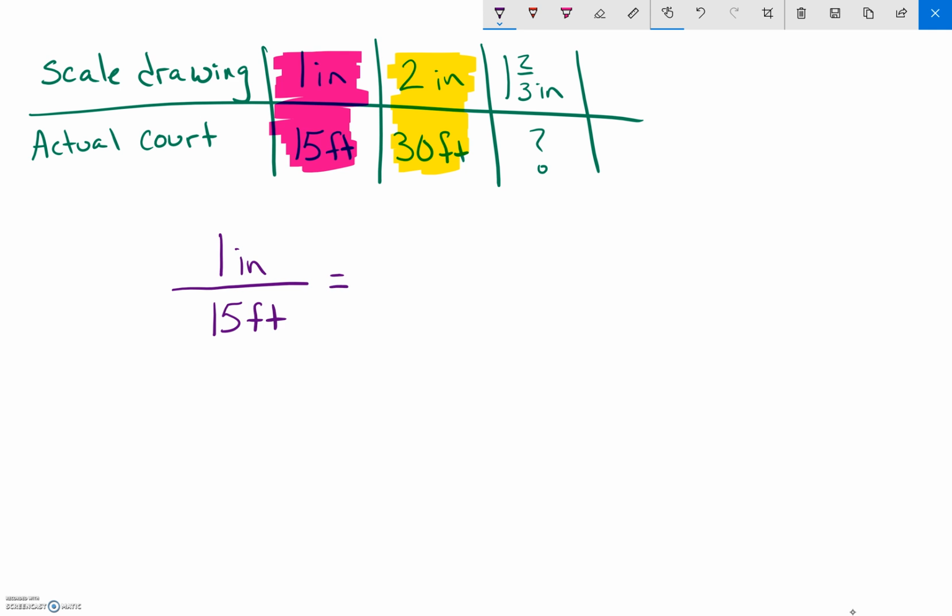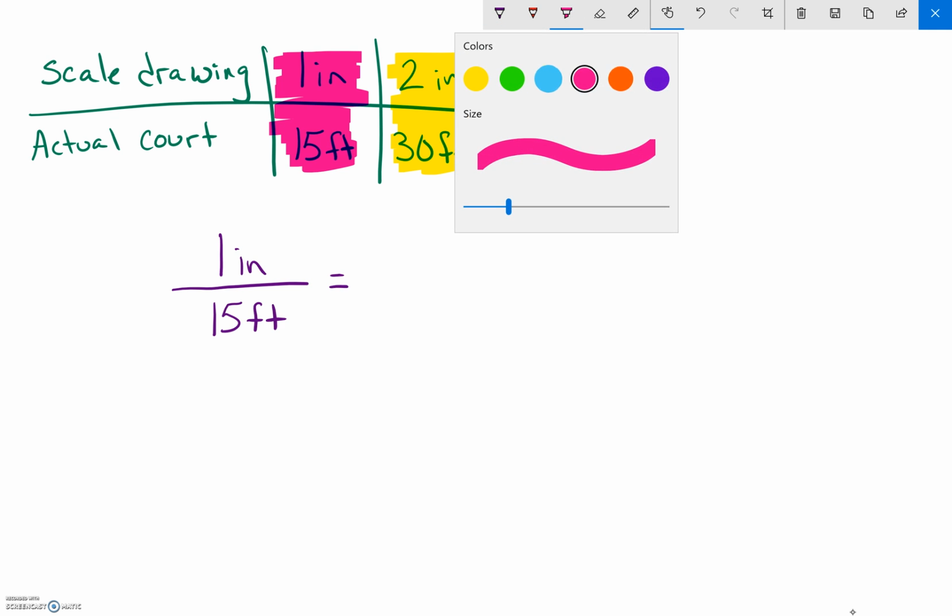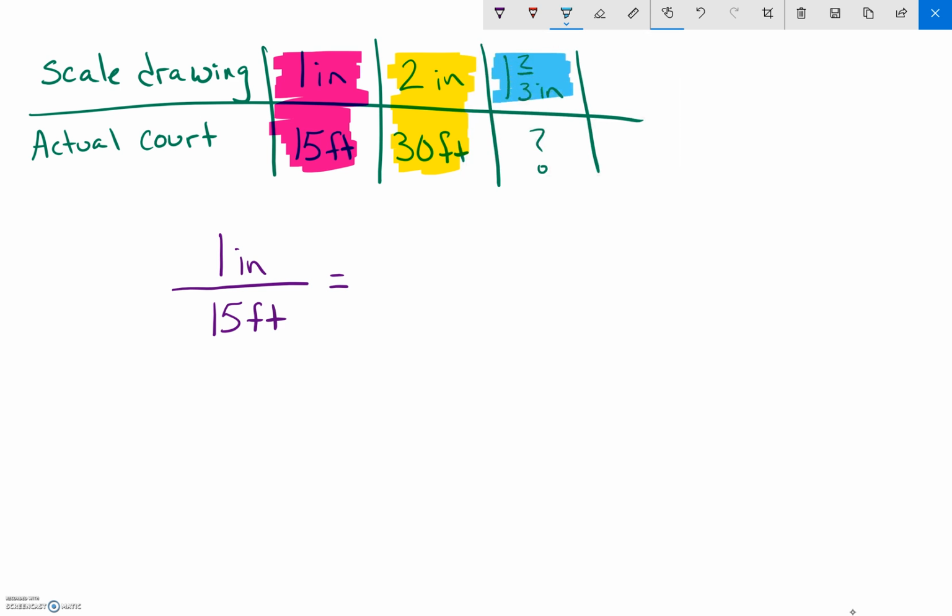We're going to set that equal to another ratio, and in this case it's going to be this one, where we do have an unknown. We do know that the drawing is 1 2/3 inches, but we don't know how many feet that is. So we'll represent that with a variable. We're trying to figure it out.